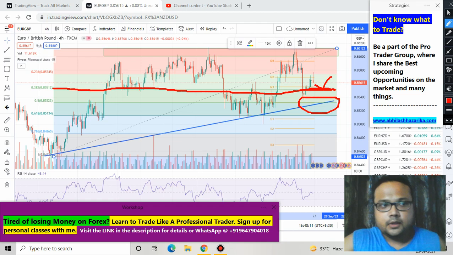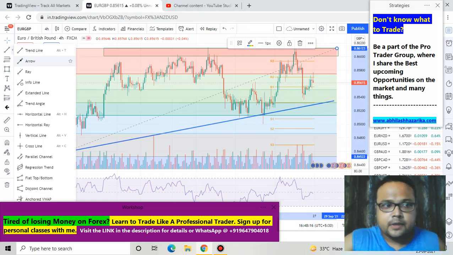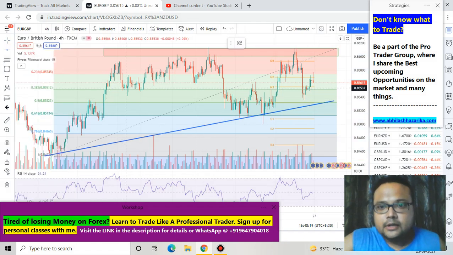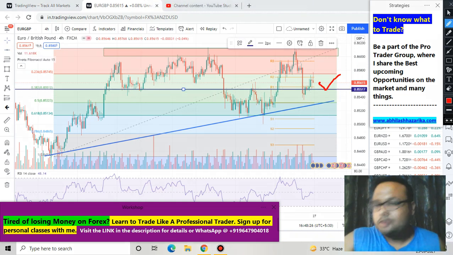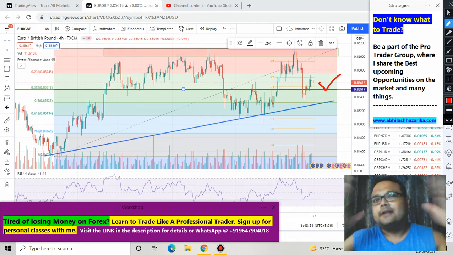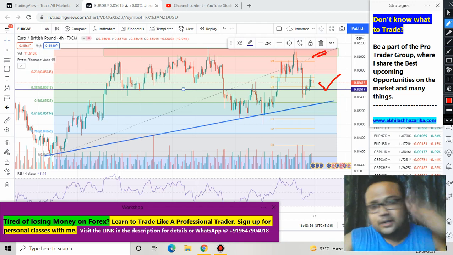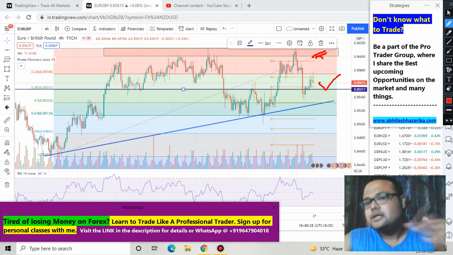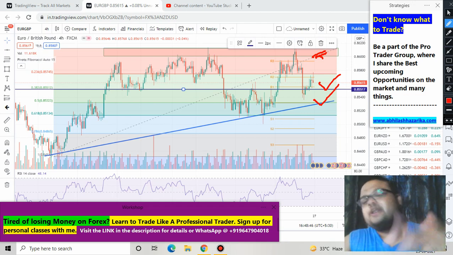If you are an experienced trader, if you have been trading for quite some time, then you can also initiate a trade at the 38.2 level if the market reverses or bounces from here. But if you are a beginner, if you are learning to trade right now, then my dear friend, no need to enter in the middle. Just short the market here if it goes up and reverses, or just buy here if the market bounces from the 50% Fibonacci retracement level as well as the trend line.